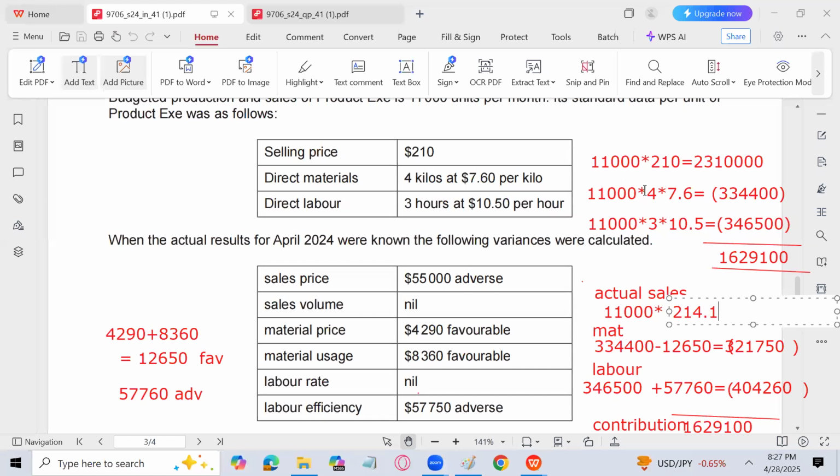If you want to have the total actual contribution, then you have to find the actual sales and divide it by the units. You will get the answer 214.1.